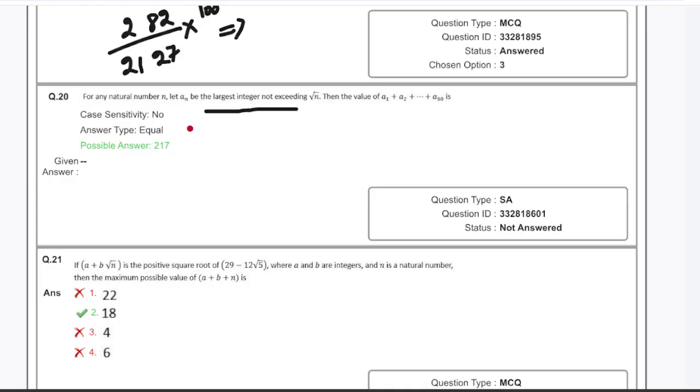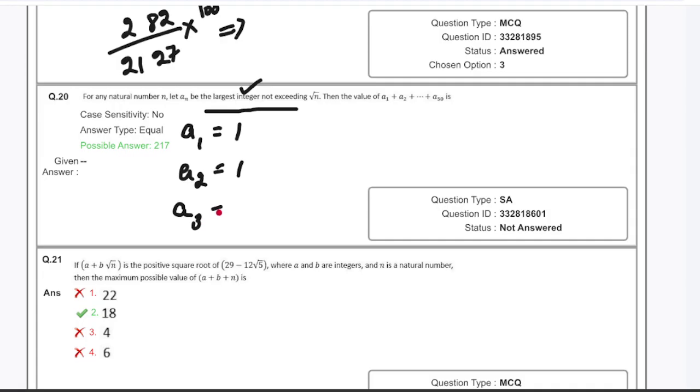So when we say a1, the value of a1 will be 1 because the root of 1 is equal to 1. For a2, the square root of 2 is 1.4, so that will be taken as 1 itself because we do not have to take the fractional value, we have to take the integer, the greatest integer function we can say.